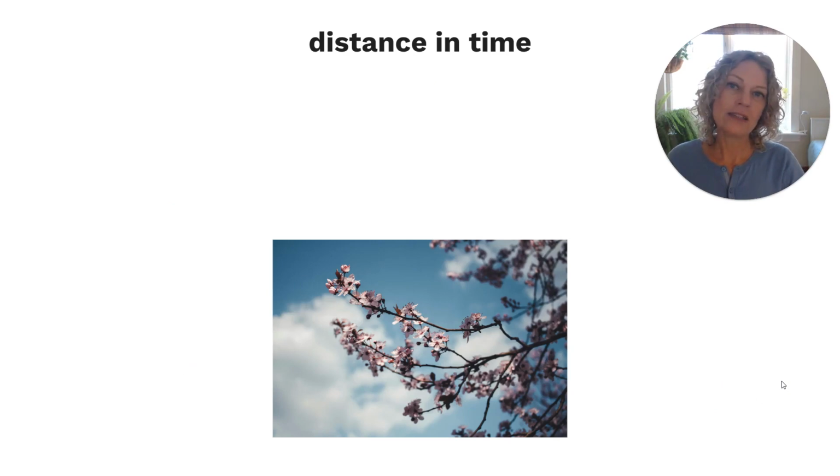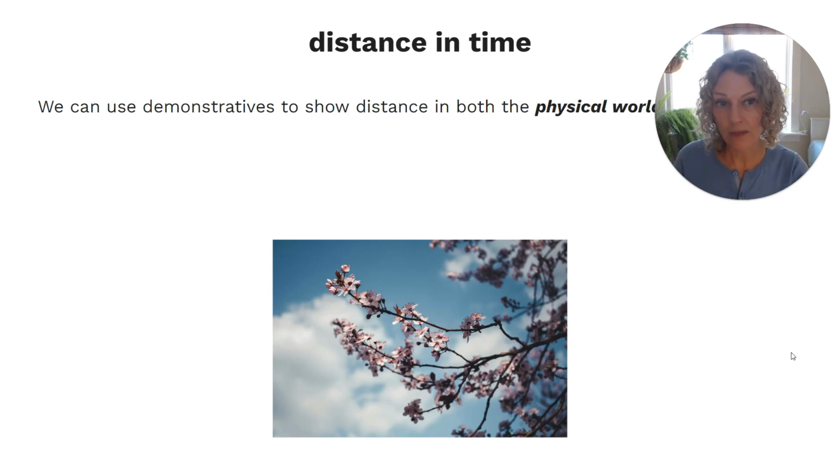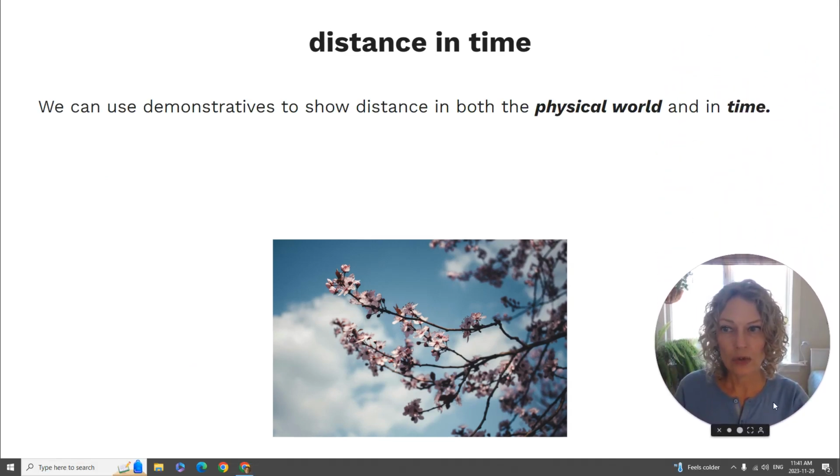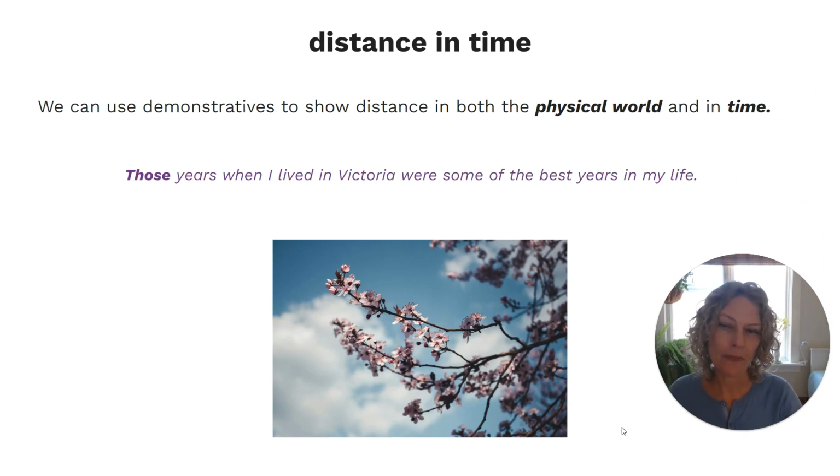So another thing to keep in mind with demonstratives is that the distance might also be distance in time. So we can use demonstratives to show distance in both the physical world and distance in time. So here's an example.